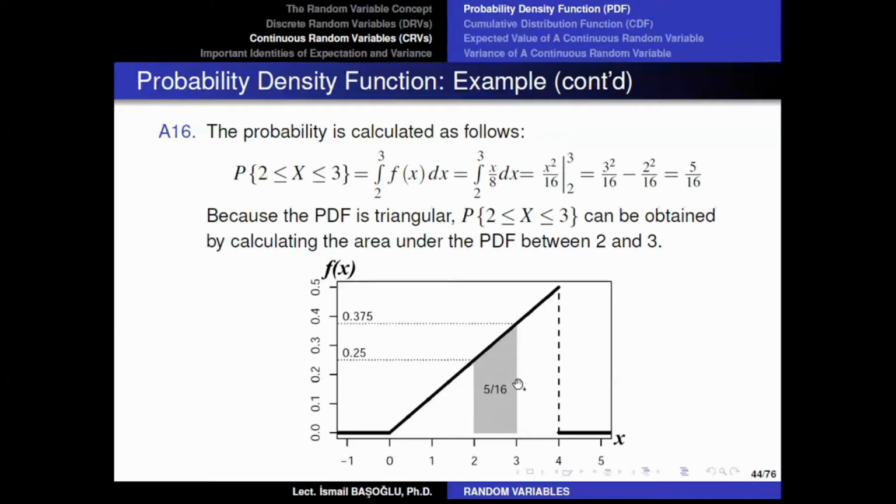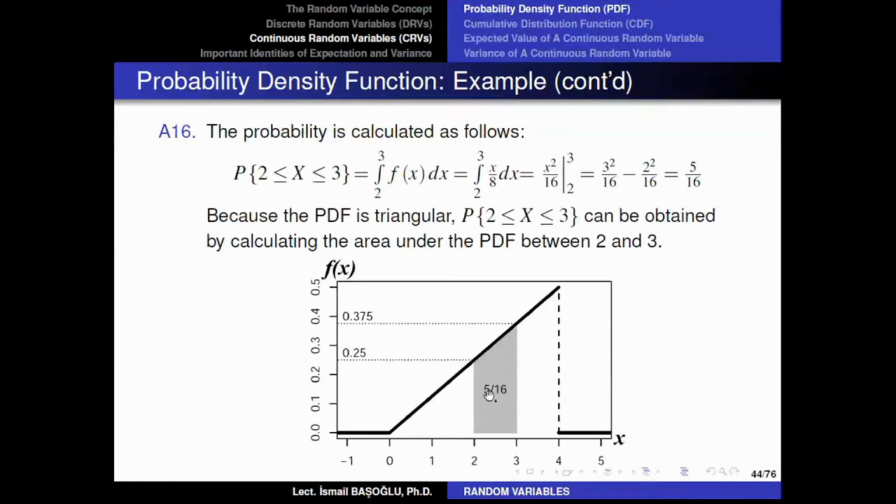And how do we calculate the area of a trapezoid? So we measure this height and this height, take the average of both heights and multiply with this side of the trapezoid. And you can easily calculate x over 8. For 2, it is going to be 1 over 4. And for 3, x over 8 is going to be 3 over 8.